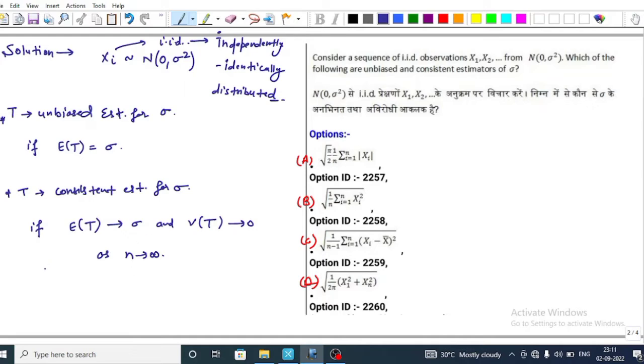Using these two definitions of estimators, we try to solve these options one by one.